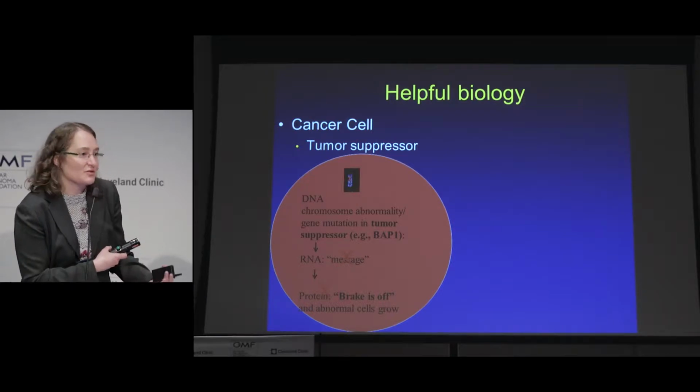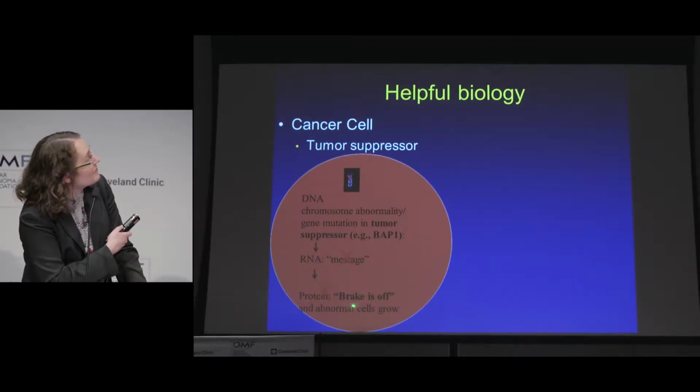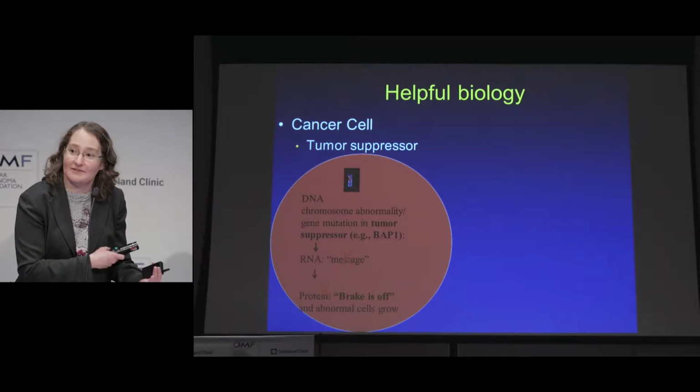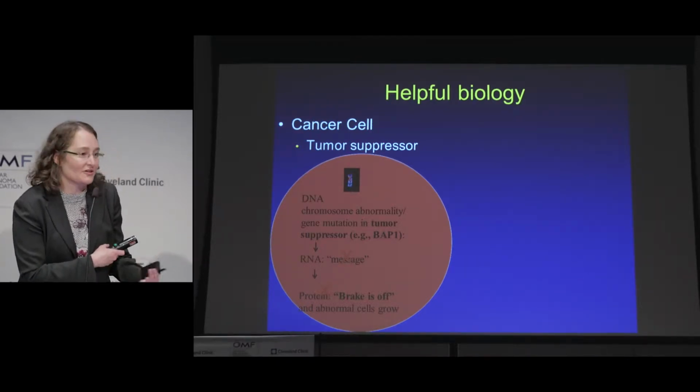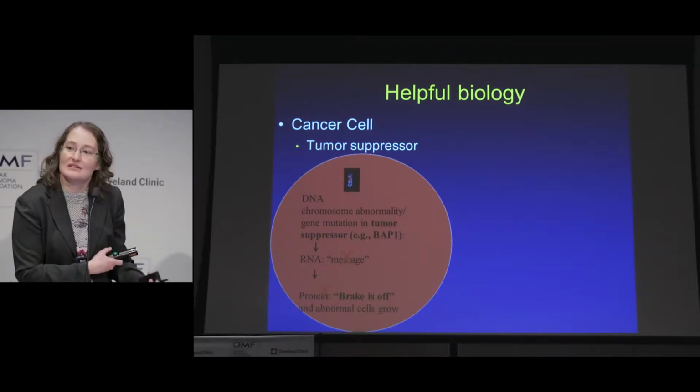BAP1 is a tumor suppressor. That means it's suppressing basically these cancer types of functions. So if you remove the suppressor, it's like you're taking the brake out of the car, and that can lead to uncontrolled tumor growth. That's one example of how DNA mutation can affect eye melanoma.